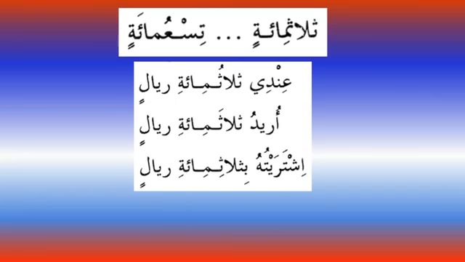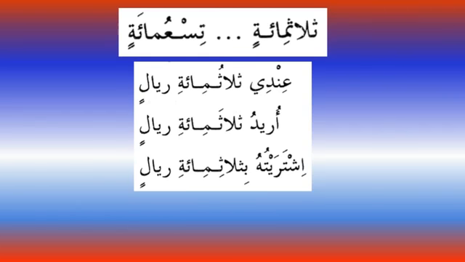So from 300 to 900, what we have is a combination, the way it is written, and in that combination the first part is a mudaf, and we know the mudaf will decline, and mudaf ilayhi is always majrur, so it doesn't change. So if you see here, thalathu mi'ati riyalin, thalathu is your mudaf, mi'ati is mudaf ilayhi, and it is also a mudaf, and riyalin is mudaf ilayhi.